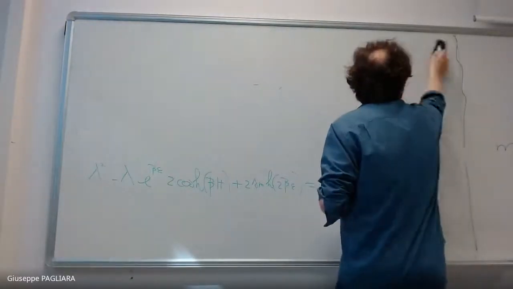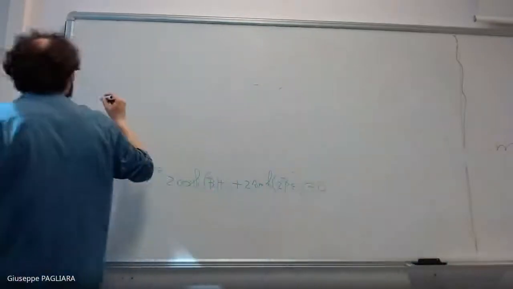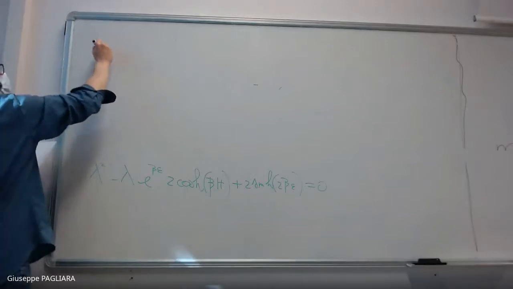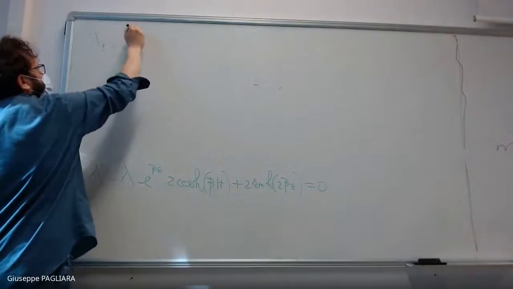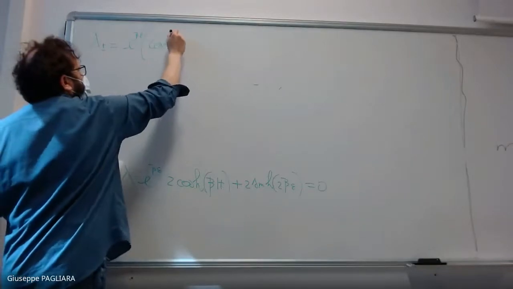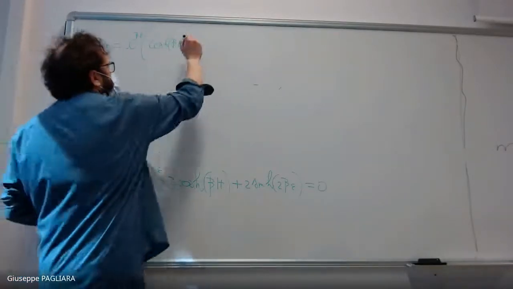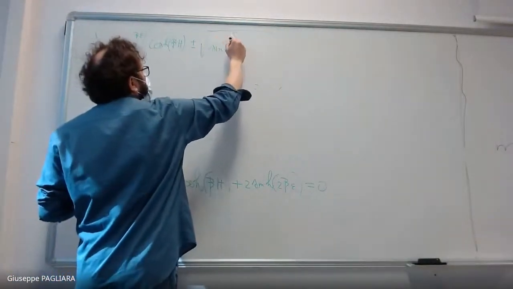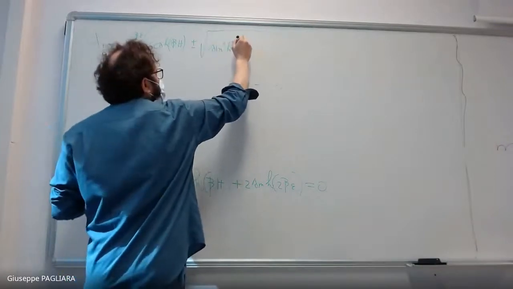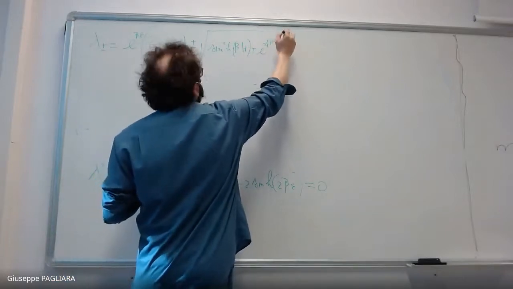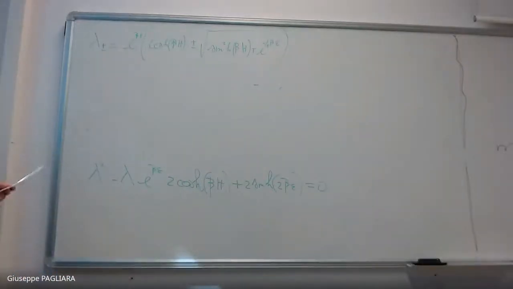Okay, so now we can find the two eigenvalues, which are, you solve this, and you get lambda plus minus equal to e to the beta epsilon, times cosh of beta h plus or minus the square root of sinh squared of beta h plus e to the minus 4 beta epsilon. Those are the two eigenvalues.